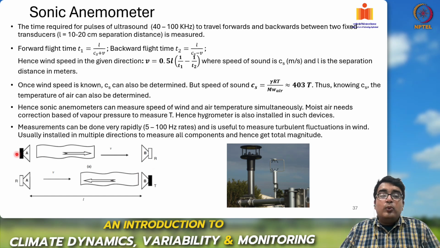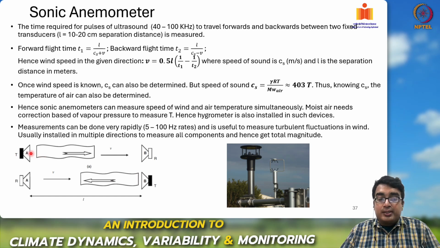Here what we have is an ultrasound emitter, a microphone that emits sound at ultrasound frequencies 40 to 100 kilohertz. This emission of sound comes from this microphone, say it goes here where it is received and also reflected back.